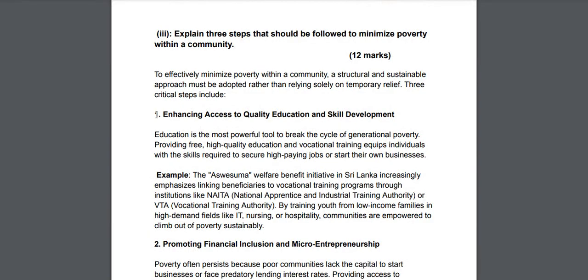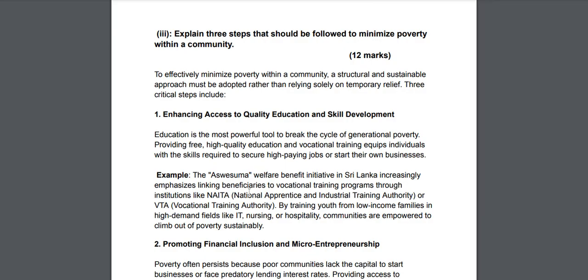So here you can see the first point has been written, and also a description is there, and also a suitable example. So what you have to do, you have to remember these examples. Actually I am doing this in order to give you the full understanding about how you can find examples, and you have to collect those examples in a short note or else in a small book, right?